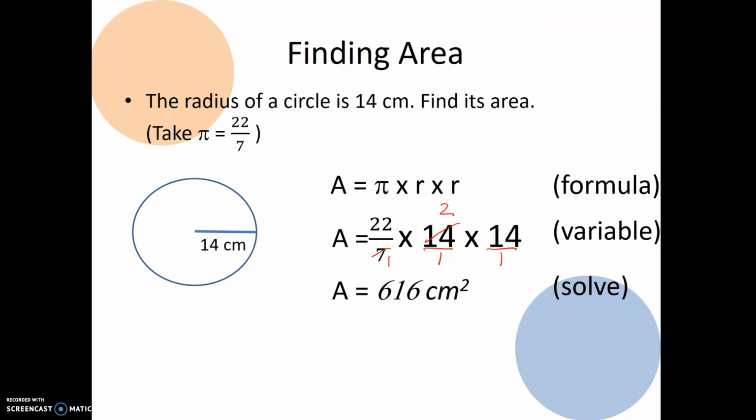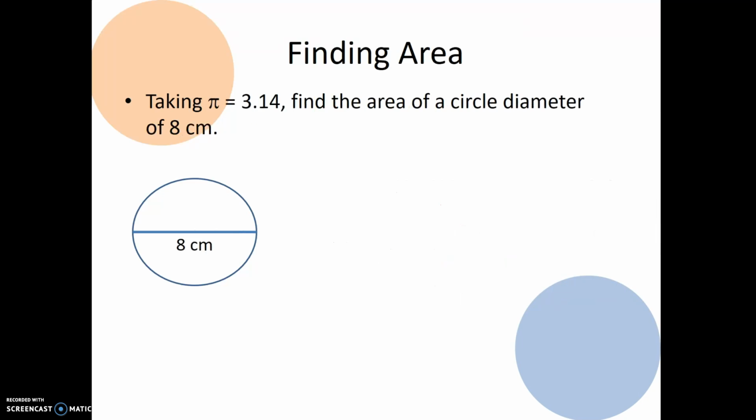All right, let's try one more, and then I'm going to ask you to go ahead and solve the rest on your notes and then come back and check your work. So on this circle, we have a circle with a radius of not 8, but 4. The diameter is marked, right?